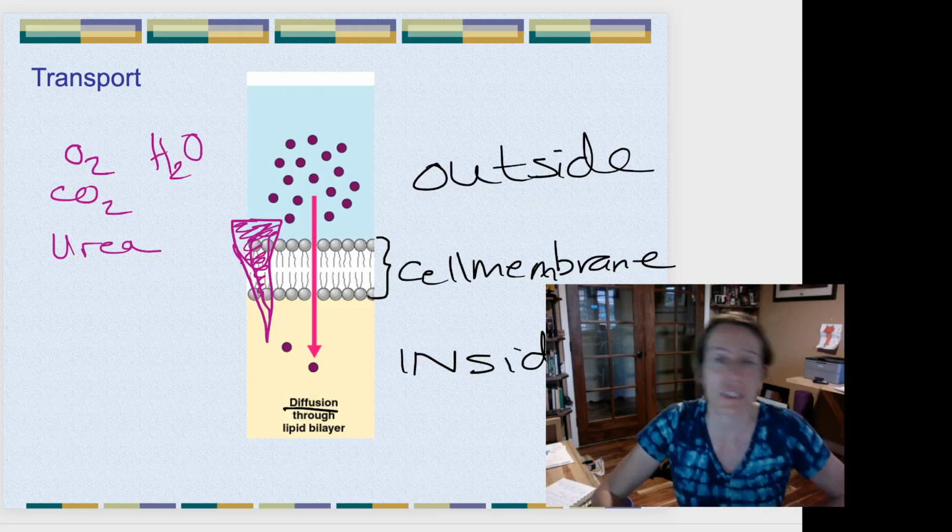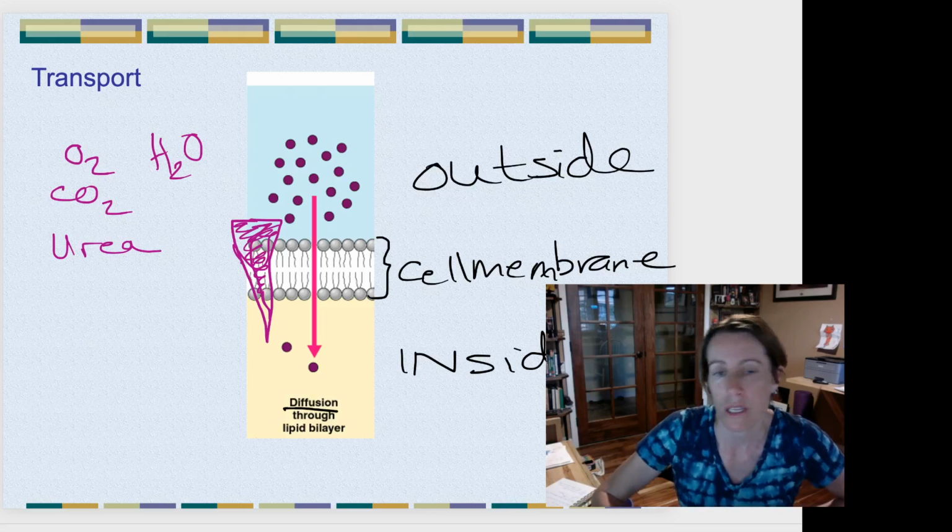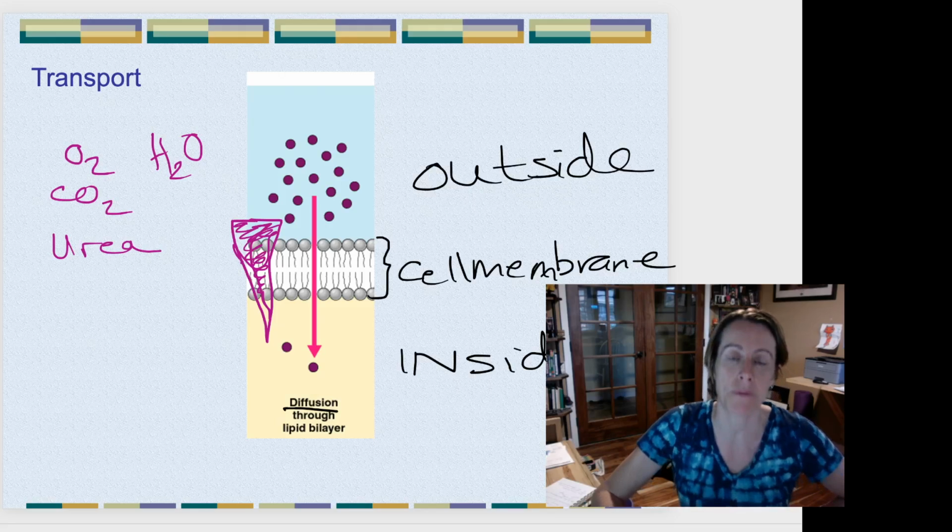So cholesterol, estrogen, testosterone, nicotine, those kinds of molecules can cross the cell membrane. And this is an example of simple diffusion straight through the lipid bilayer. All right, so that's our first kind of transport.